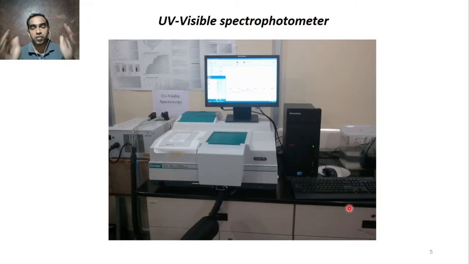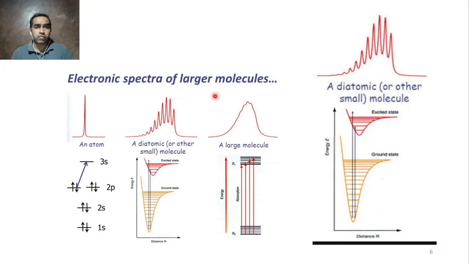And this is how a UV visible spectrophotometer, single beam or double beam, looks like, more sophisticated with the software installed in the computer or desktop, and you can monitor the progress. You can have a picture of the progress of the absorption or emission. This is how it looks.